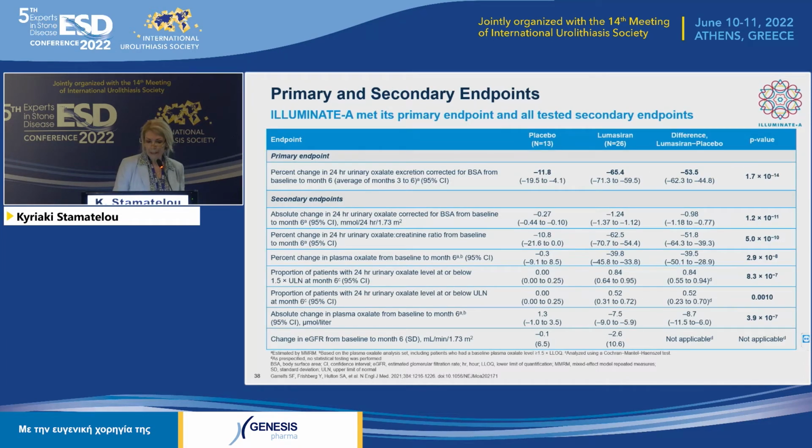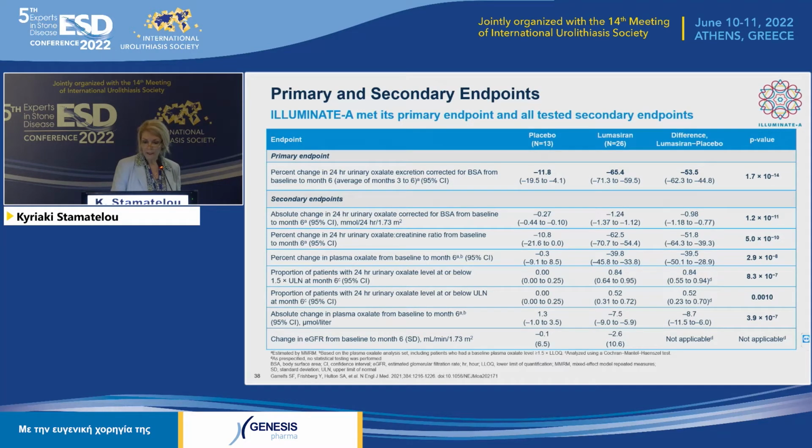Illuminate A met its primary endpoint, and it also met all the tested secondary endpoints. The secondary endpoints included change in eGFR, the proportion of patients who practically normalized their plasma oxalate and urinary oxalate, and the percent change in 24-hour urine oxalate to creatinine ratio.